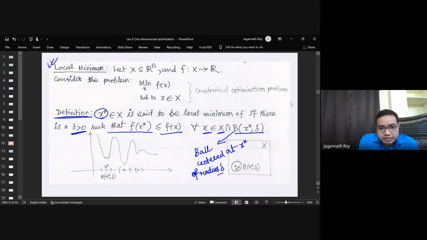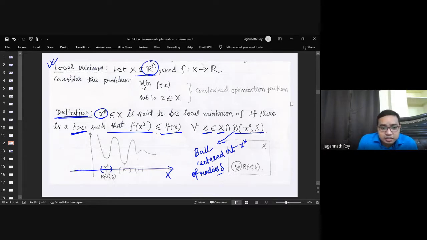So this is our X. For example, the whole space is our X. We are talking about n dimensions, but let us visualize in one dimension. So this whole line is our X. Now if you draw here, the ball in a real one-dimensional space is actually an interval.